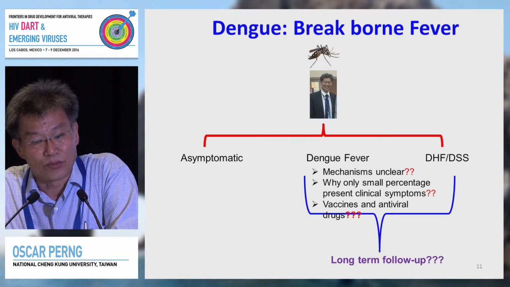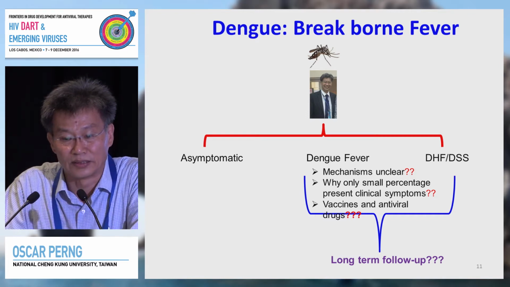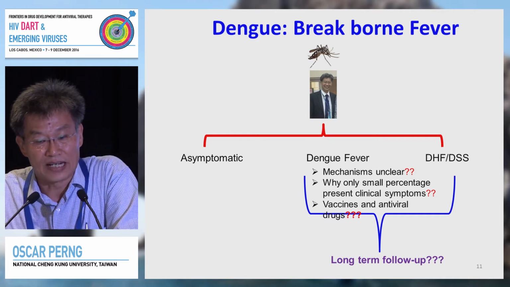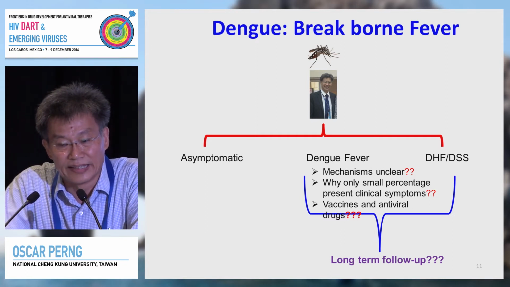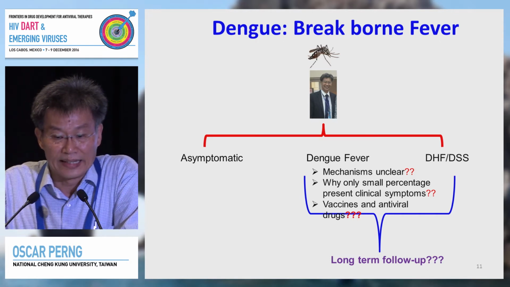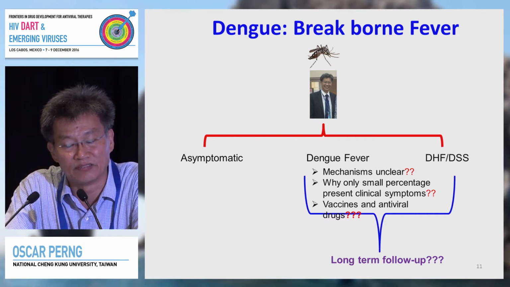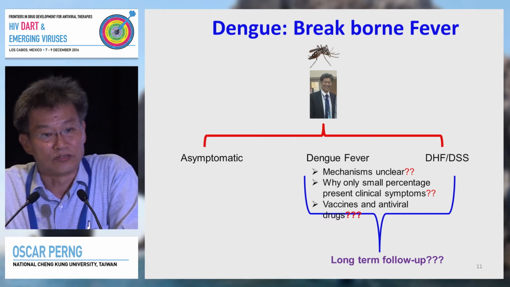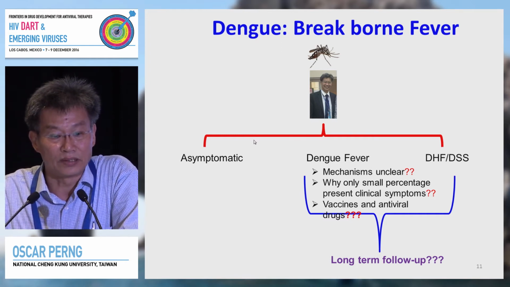The key question is why only a small percentage of people get clinical symptoms. And so far, vaccines do exist, but with limited efficacy, and antiviral drugs are still far from being seen. One of the key questions is, for people who recover from dengue infection, we don't have any long-term follow-up data. The majority of people are asymptomatic.